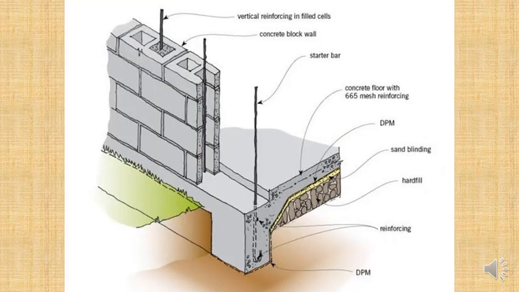So remember how I said some blocks have cavities inside them? There are two advantages to that. One is that you can increase the surface area of the block without increasing the mass of the block. So you can basically build a wall of a given size with less masonry blocks.